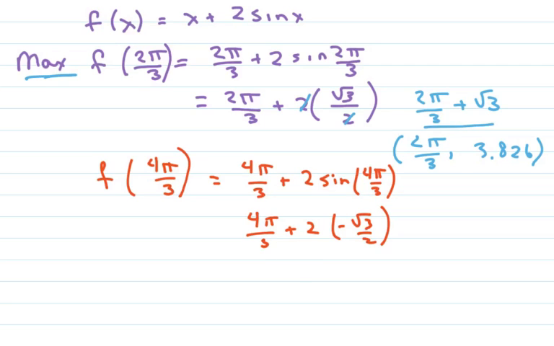So on this one, I'm just going to leave it like that. So that's 4 pi over 3. The 2's cancel. And we're going to get 4 pi over 3 minus square root of 3. And that's going to be your relative minimum.